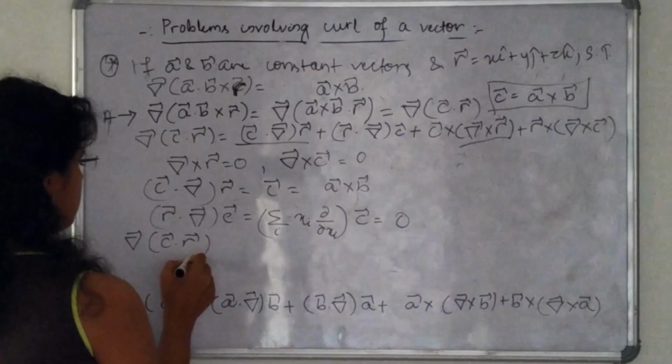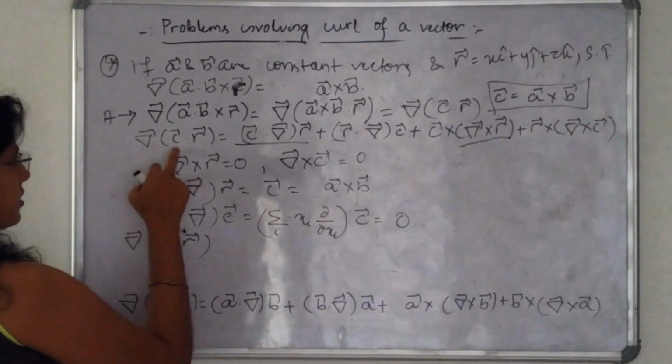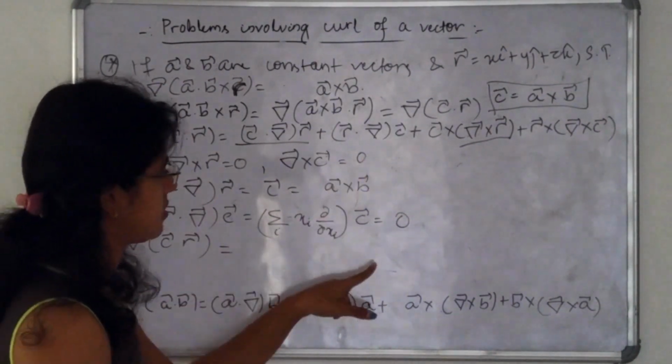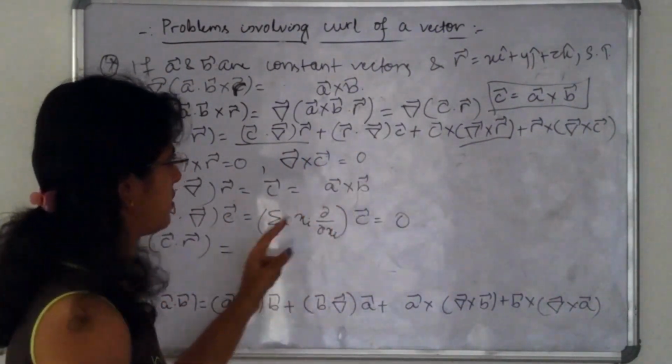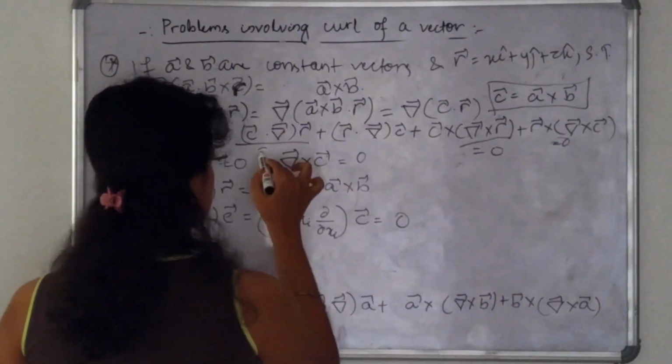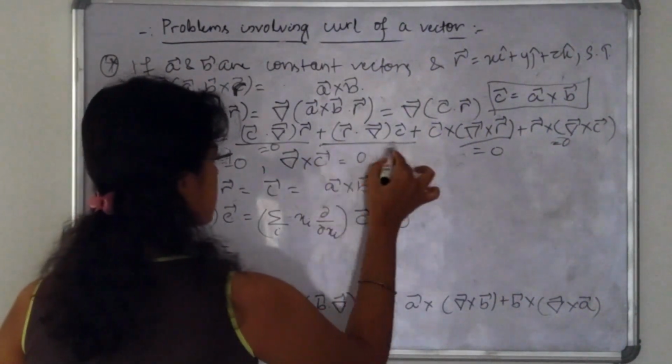Okay, so then again come to the question, that is del of C dot R vector. If we put all these terms in the above equation, then we will get that this is equal to 0, this is also equal to 0, and only this term is left.